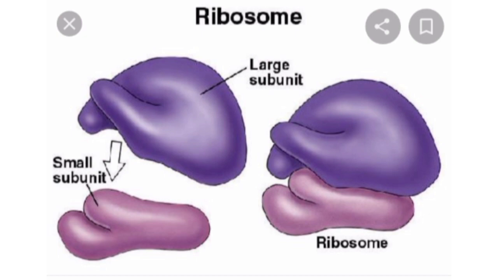Now the structure of ribosome. Each ribosome is formed of two unequal components, the small subunit and the large subunit. 70S ribosome is formed of 50S and 30S subunits, while 80S ribosome is formed of 60S and 40S subunits.